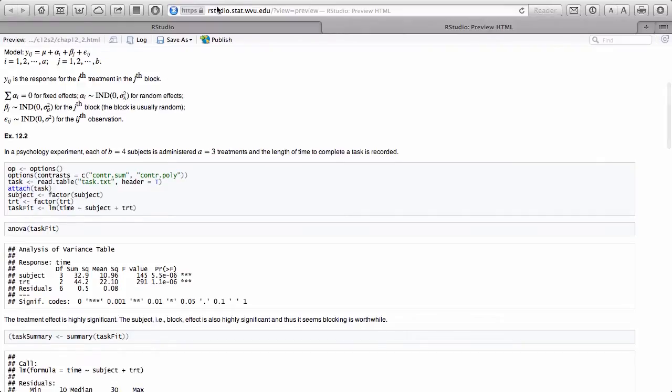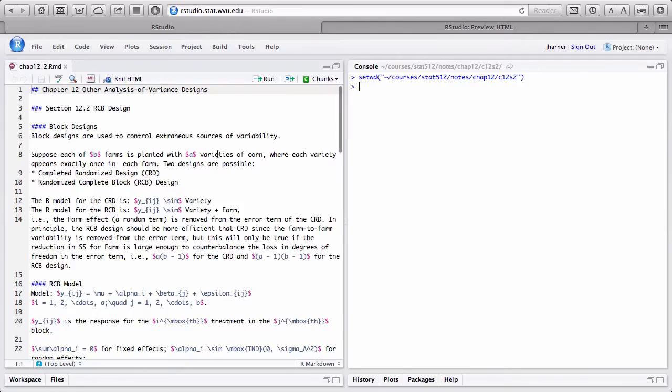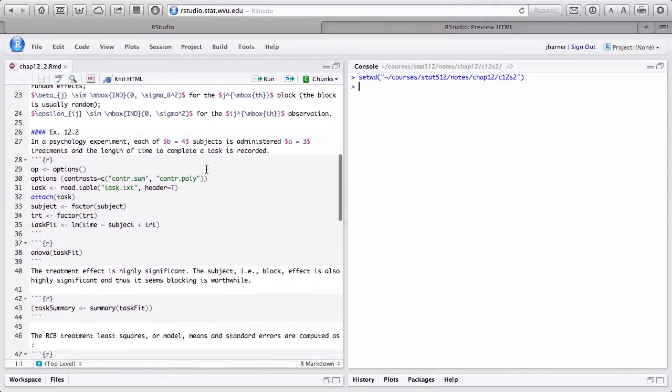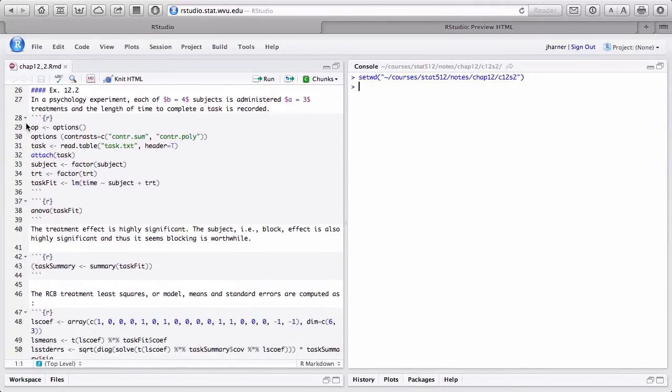Let me go back and take a look at an example. By the way, what I'm doing here is saving the current state of the options. The options are sort of global parameters for R, so I'm saving the current state of that.